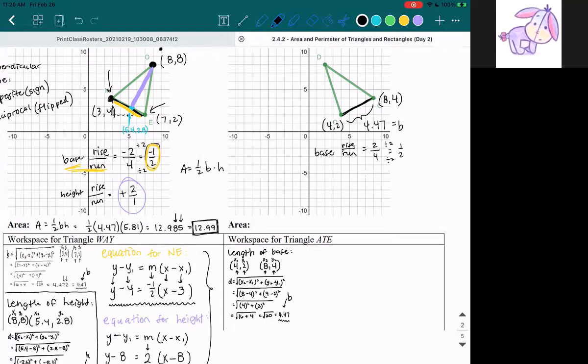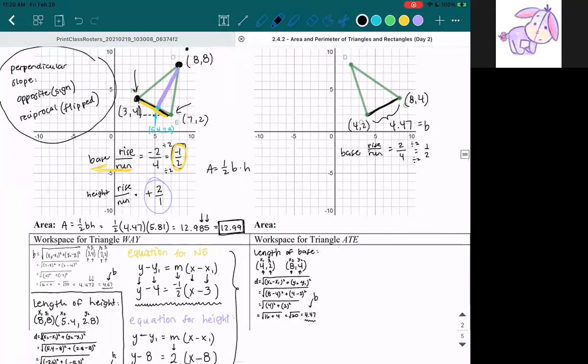So to get the slope of our height, remember we want a perpendicular slope, which is the opposite sign and the reciprocal. So we're going to flip it. So our height rise over run, you want the opposite sign. So this was a positive, and I want it to be negative now. And instead of 1 over 2, I'm going to flip it. So 2 over 1. 2 over 1 simplifies to just negative 2.